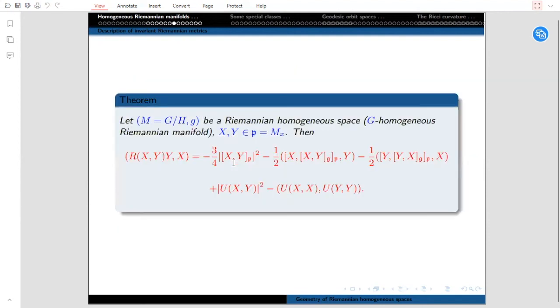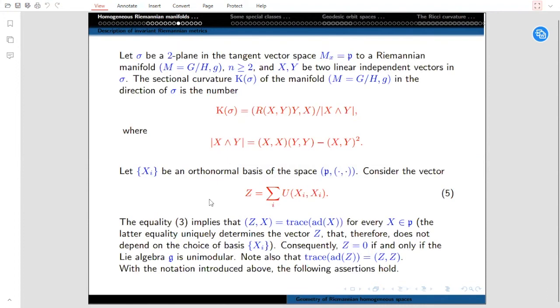If you go to the next slide, yes, this one. I was just wondering if you have a geometric interpretation of what this Z is. Oh, Z. It is a vector of mean curvature. Because if you have a non-unimodular Lie algebra or Lie group, then we can consider a subalgebra with the property trace ad X is 0. It's a codimension 1 subalgebra.